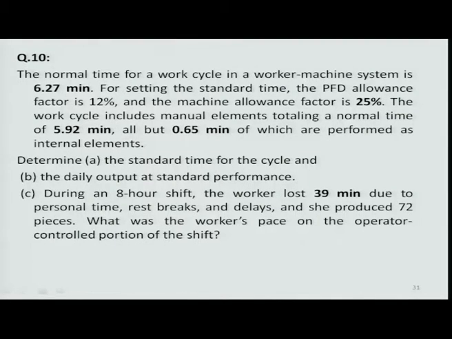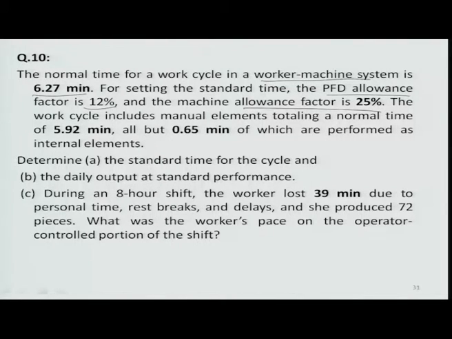In this problem, the normal time for a work cycle in a worker machine system, again a worker machine system, is 6.27 minutes. For setting the standard time, the PFD allowance factor is 12% and the machine allowance factor is 25%.